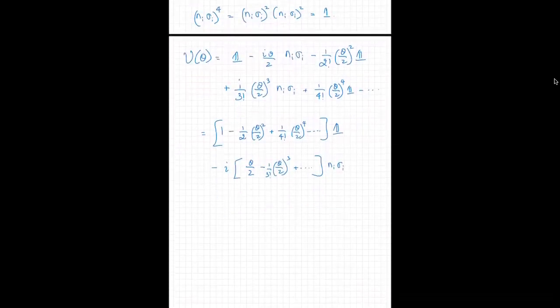As you can see, the first square bracket is just the expansion of cosine. The second square bracket is just the expansion of sine. So for the spin half case, the finite rotation operator is nothing but cosine of theta over 2 times the unit matrix, minus i sine of theta over 2 times n_i sigma_i. Did I make a mistake here?